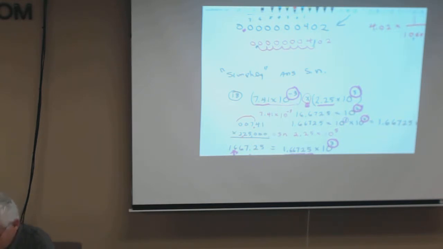Very carefully. No. Now, this is where scientific notation is really cool. You turn on your calculator, and you take 7.41 times 2.25, and you get 16.672.